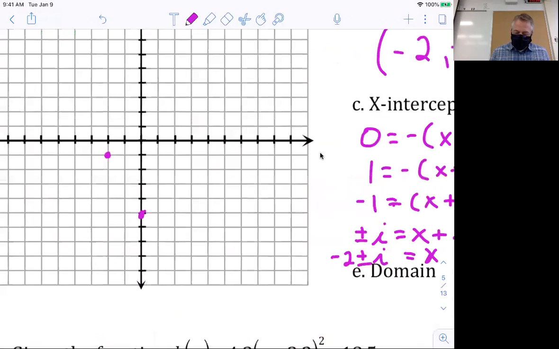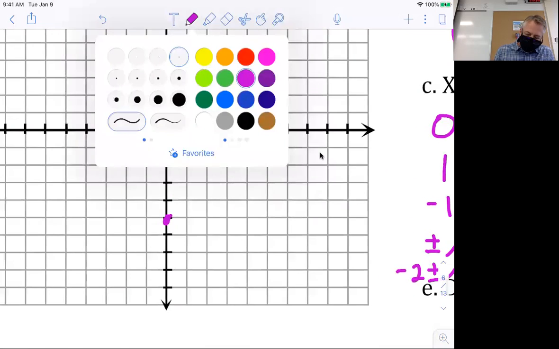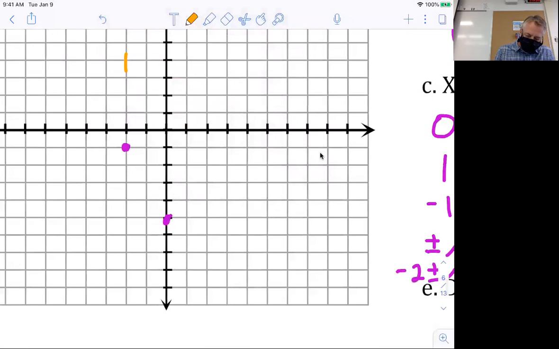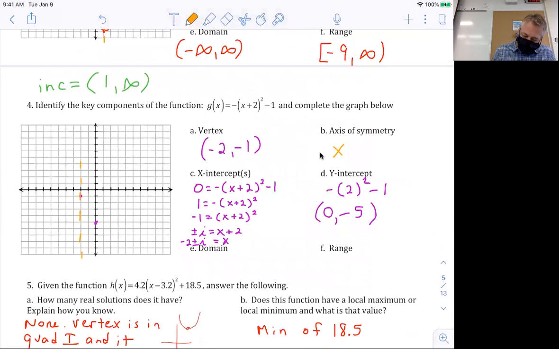And now I know that, remember, this is the vertex, okay, right there, that's the vertex. And so what I can do is I can kind of take the image of this point. I know that the axis of symmetry has to go through the vertex. So as long as I'm drawing that, I might as well say that's the line x equals -2 for our axis of symmetry.